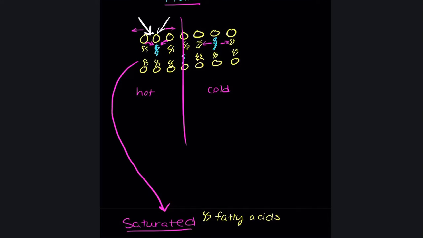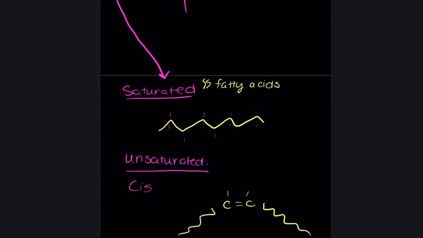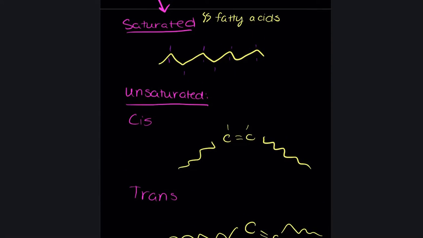Now, if we're going to delve deeper into fatty acids, we have saturated and unsaturated fatty acids. When you have saturated, that means you have the most amount of hydrogens possible. Therefore, it's all single bonds. There's no double bonds. But if it's unsaturated, that means you're missing hydrogens and that you do have double bonds. If you have a cis unsaturated fat, then it stays going in the same direction.